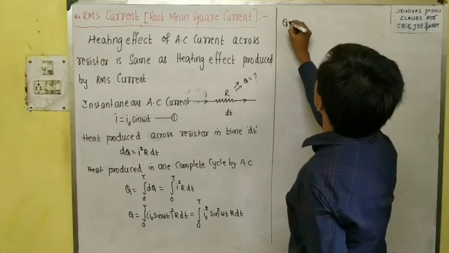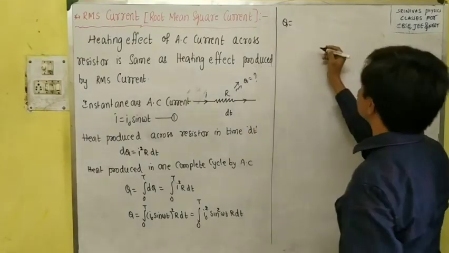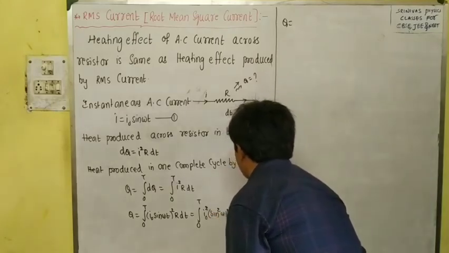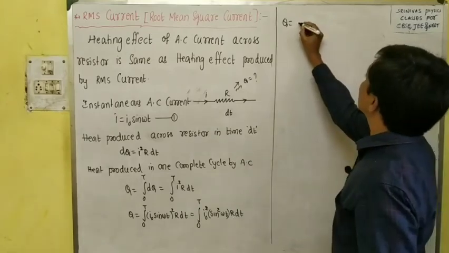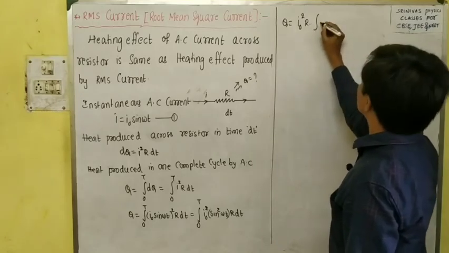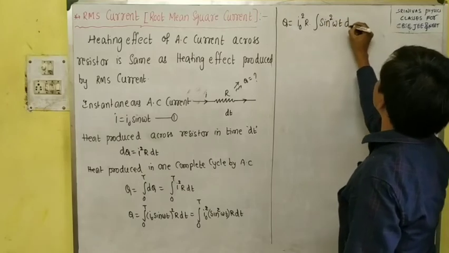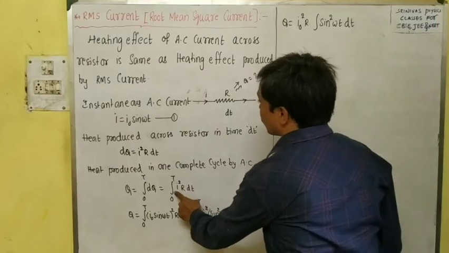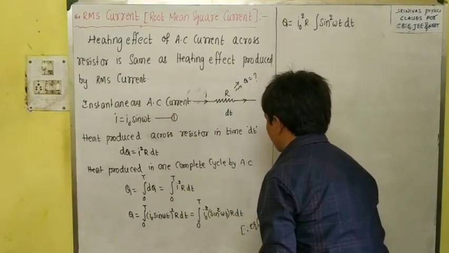Q is equal to, we can write constants outside: I naught square and R are constant, so I naught square R into integration of sin square omega t dt. Here we wrote I equal to I naught sin omega t from equation 1.